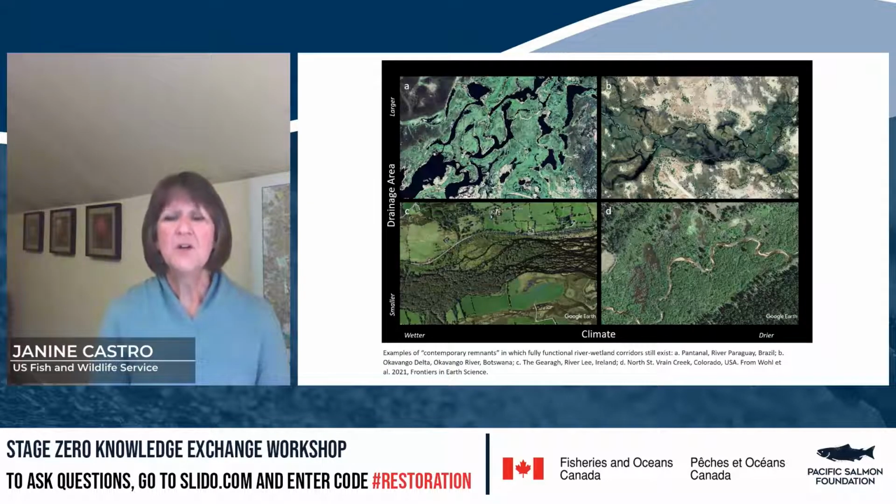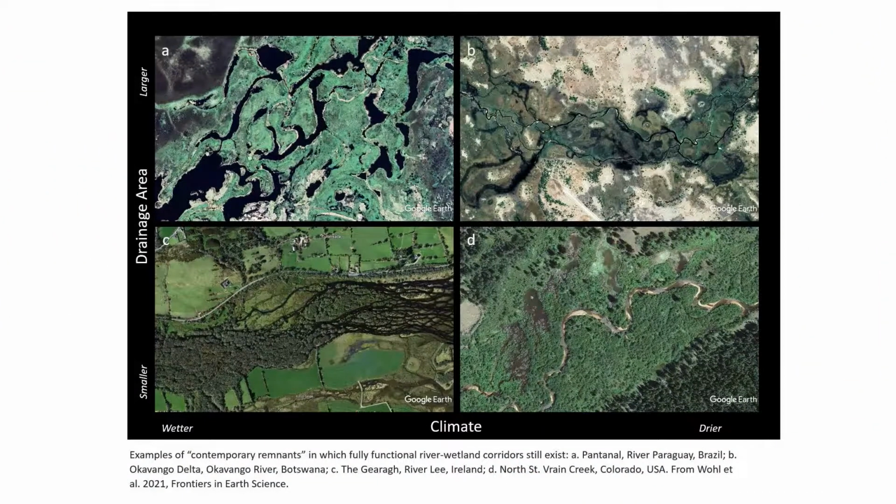And I just wanted to show an example out of the paper with Ellen Wohl and a number of the co-authors, which I'll show you here in a moment. A lot of folks say, well, streams are just meandering. That's what we see on the landscape. And Colin mentioned the Walter and Merritt's paper that showed that actually was not the ubiquitous condition. But there are remnants, and we call these contemporary remnants of these stage zero multi-threaded systems, and we find them all over the world.